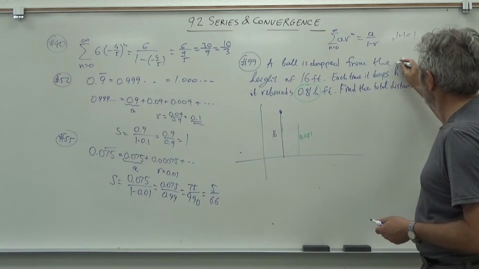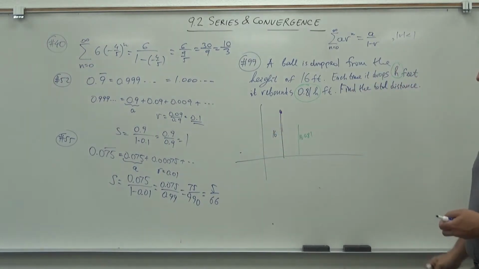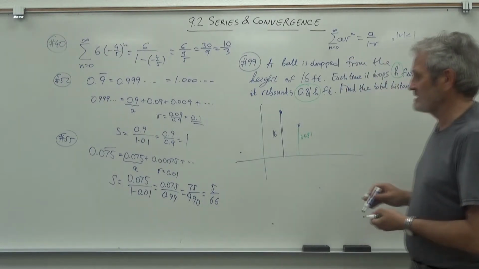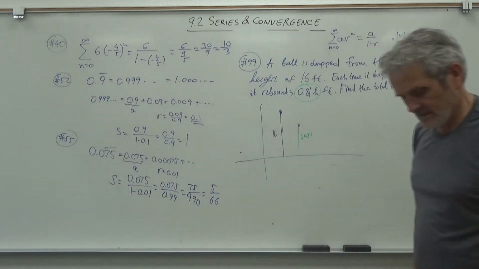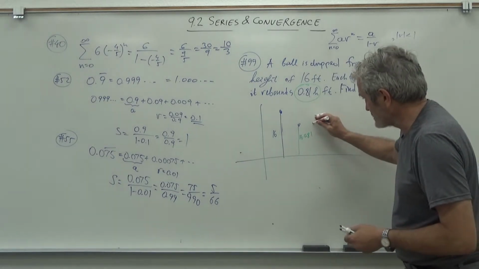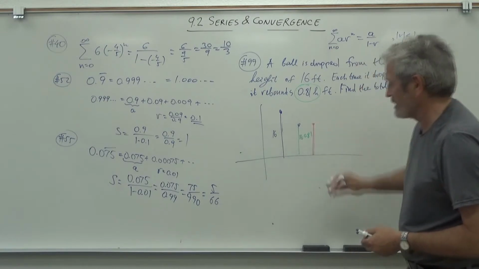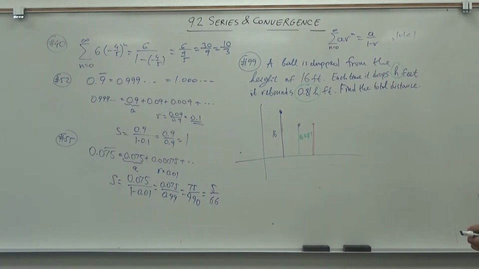If it drops h feet, this is the drop, the rebound is 16 times 0.81. But when it reaches that, this is something that they didn't tell us, but we have to conclude ourselves, it just falls down the same distance. So now it goes down, I draw that in red, the same 16 times 0.81.